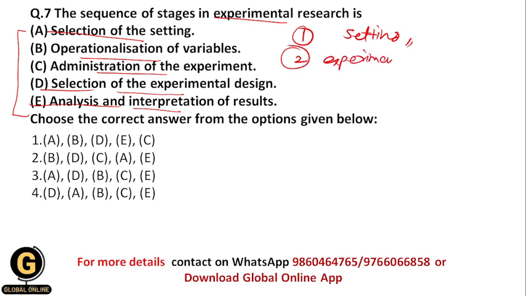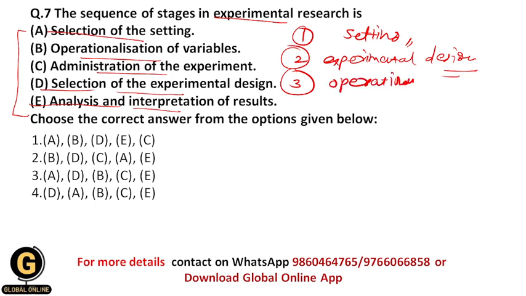The experimental design is nothing but the outline through which you are going to do your whole research process. And the third stage would be operationalization of variables. Operationalization of variables is nothing but having control on the variables, and here you are going to have control on the independent variable.